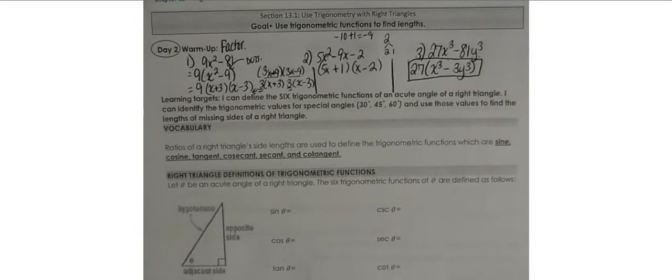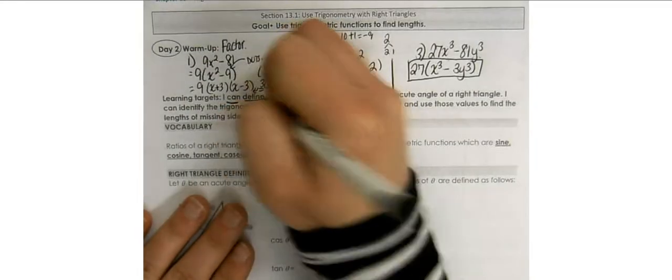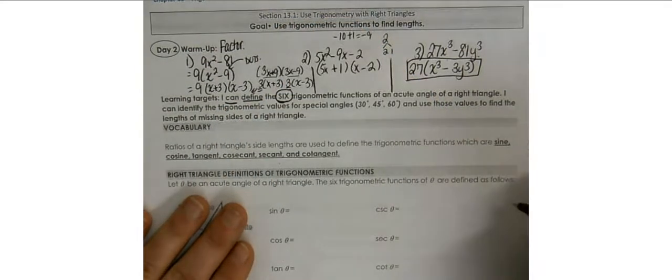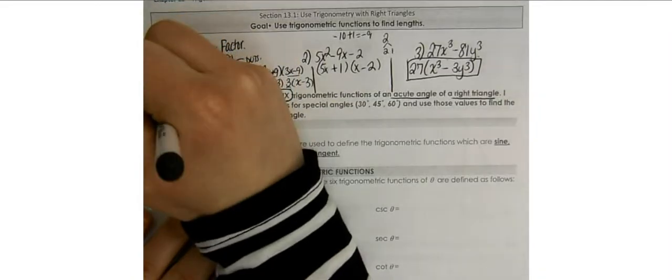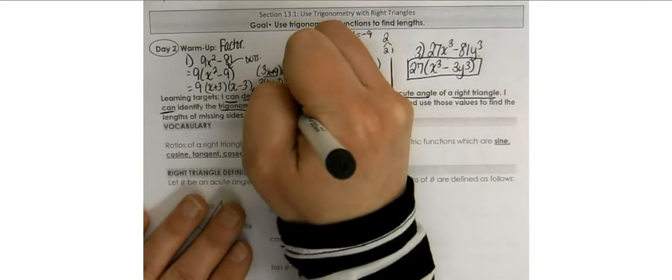So our learning targets for today are for you to be able to say, I can define the 6 trigonometric functions of an acute angle of a right triangle. And I can identify the trigonometric values, which is very, very important for you to be able to identify, for your special angles of 30, 45, and 60.